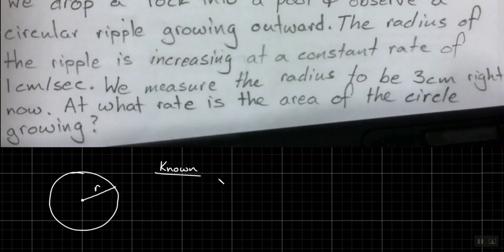Do we get a derivative given? Now that's a trick question. We do have a derivative given. Let me rephrase it. What is a derivative that we're given in these words? The radius. Why do we have the derivative for the radius? The radius is doing what? Is that changing? So there's a change in our radius. Okay.